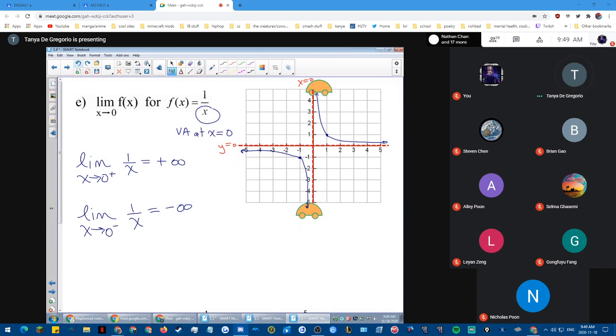It does not exist. So, since the left-hand limit is not equal to the right-hand limit, the limit as x approaches 0 of 1 over x does not exist.